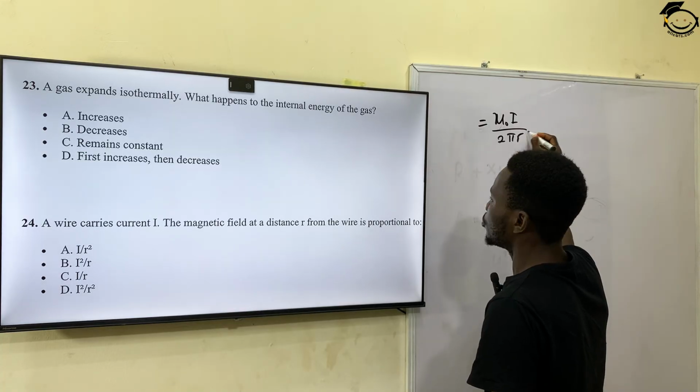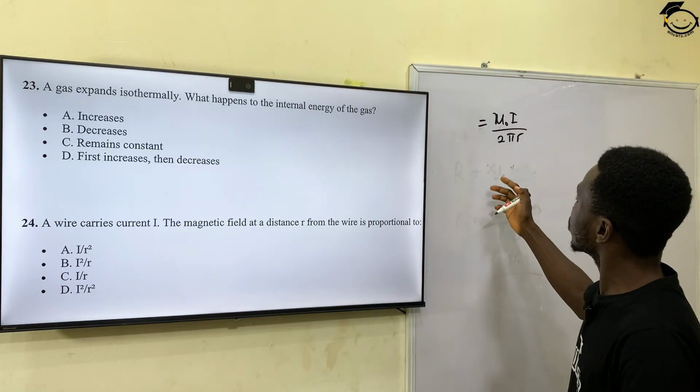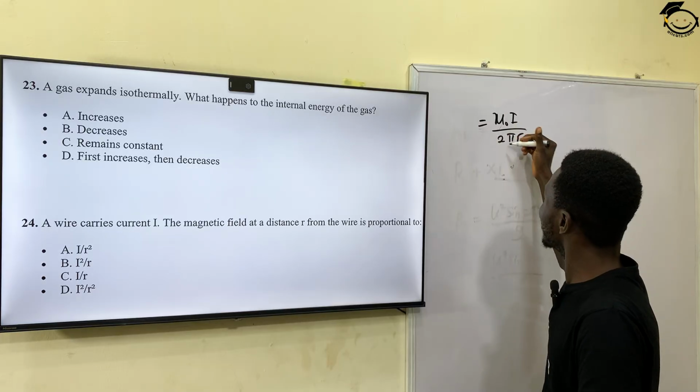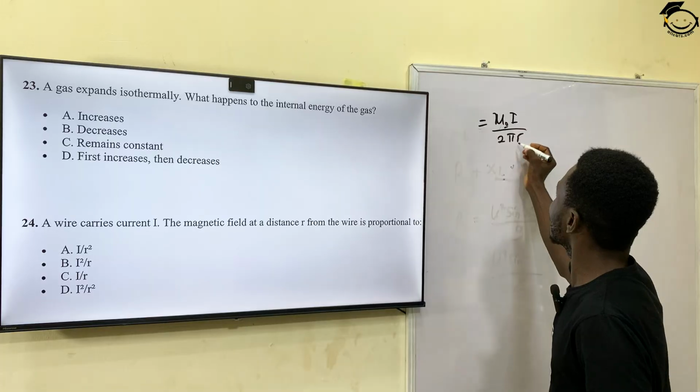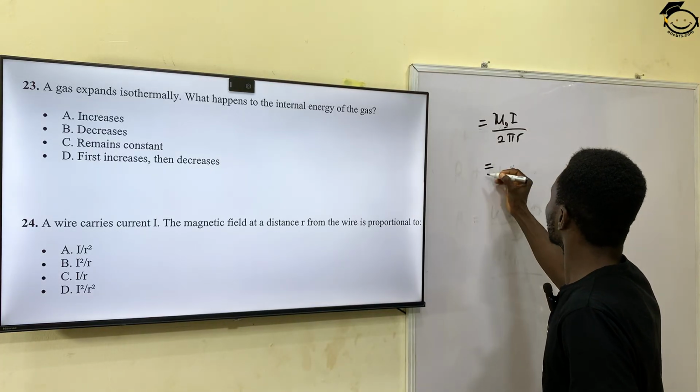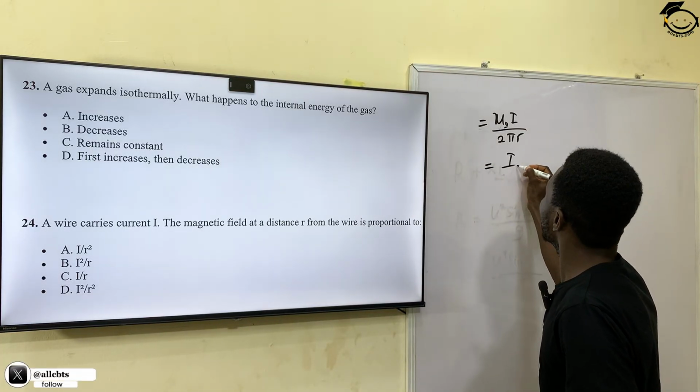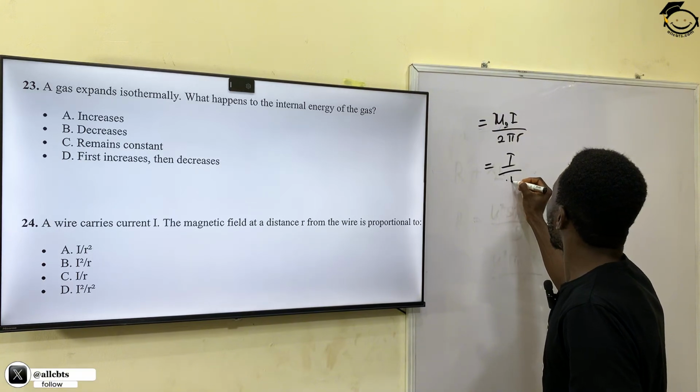Mu naught I over 2 pi r. In this case, since current is present and mu naught is a constant, this is the same as saying that I have what? I over r.